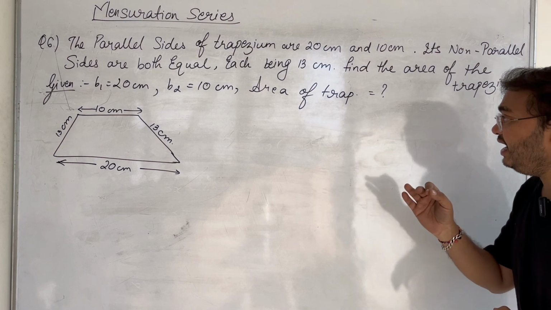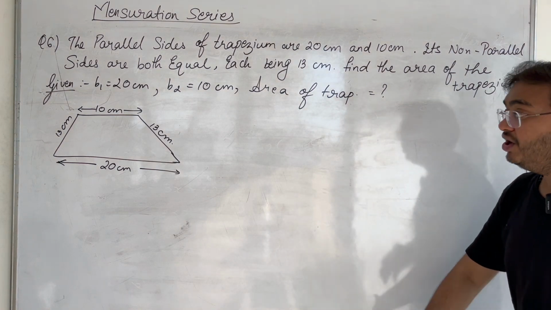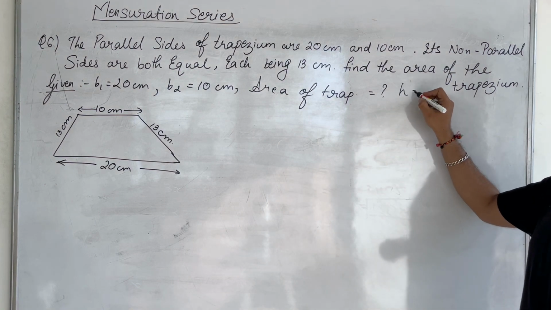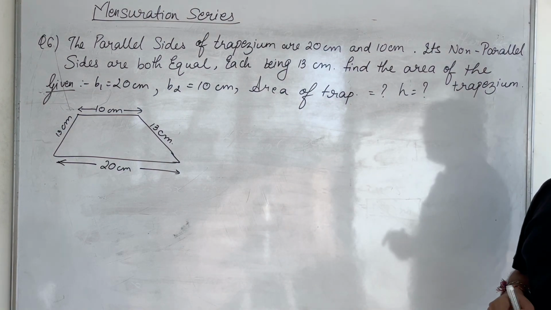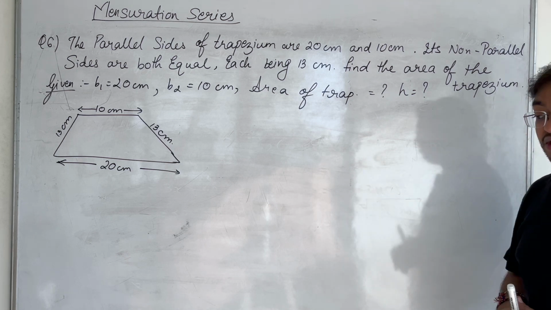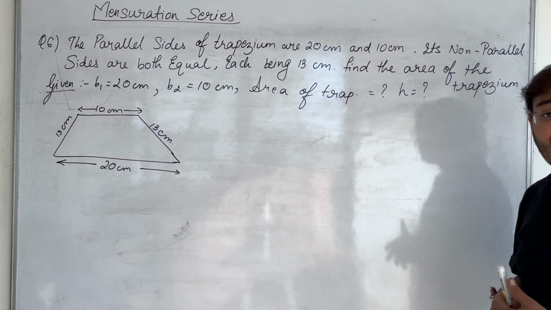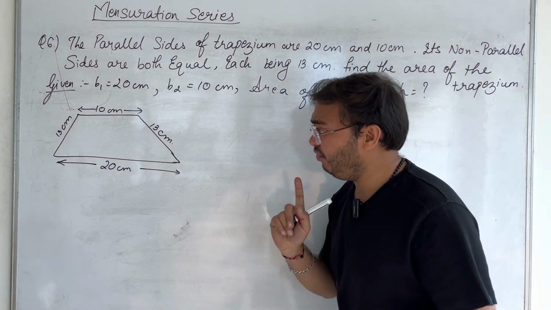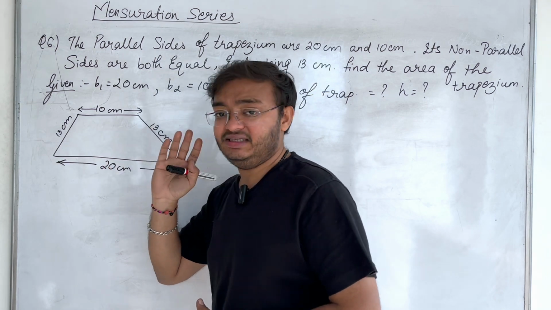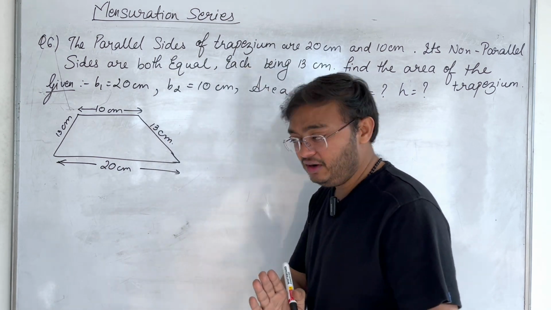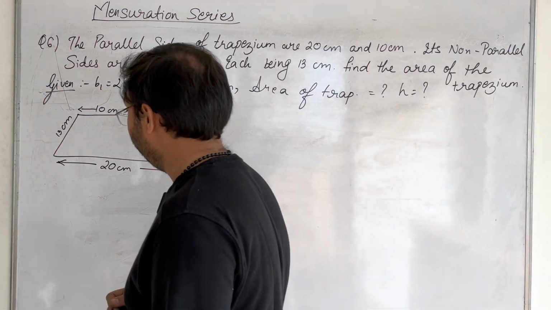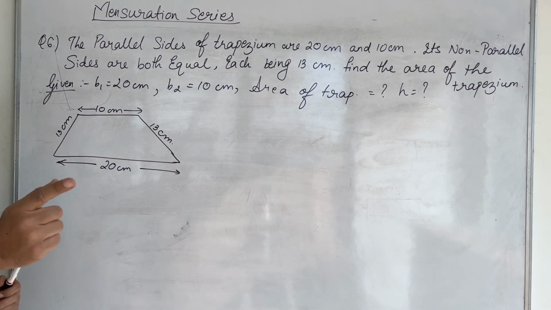Here, the area of the trapezium is also missing. Moreover, height is also missing. And whenever we have two missing or unknown terms in the equation, we cannot find them. That means there is some role of these non-parallel sides in this question. What is that? So let's crack that secret, how to solve these questions.